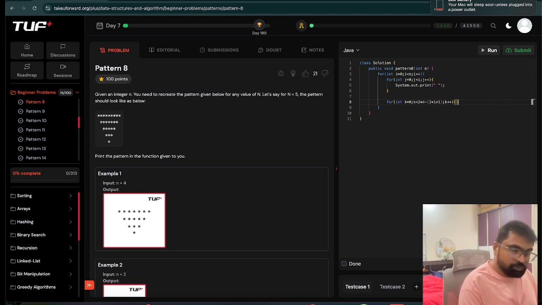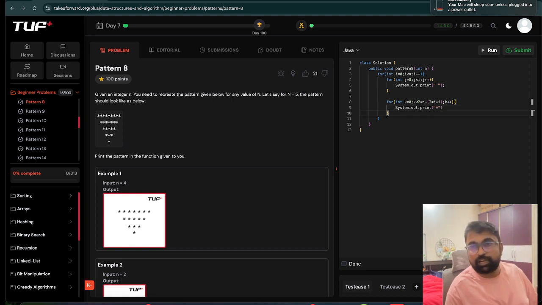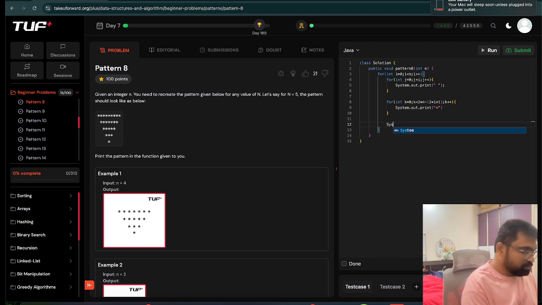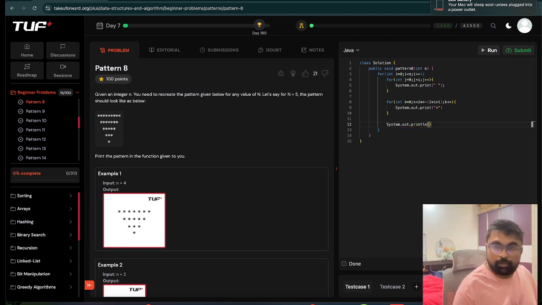After that we will write the print statement, System.out.print, and inside that we will print the asterisk or star. At the end we also have to write one print statement to break the line, which we missed while writing the pseudocode, so at the end you can expect the println.